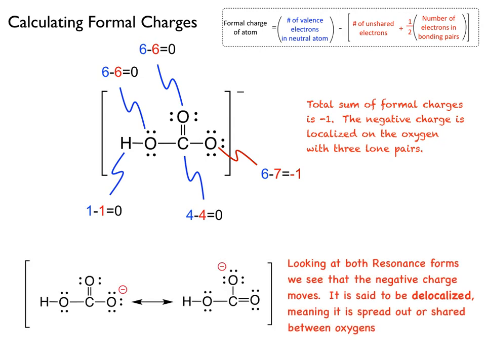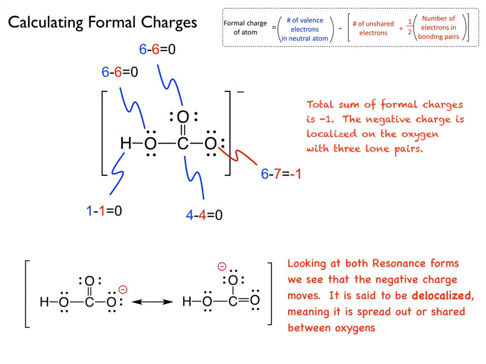If we go back for a second and consider the 2 resonance structures that make up the bicarbonate structure, one of the things we looked at before was how the double bond moves between 2 oxygens. We said that double bond is really not moving, but it's shared between those two oxygens in our structure.